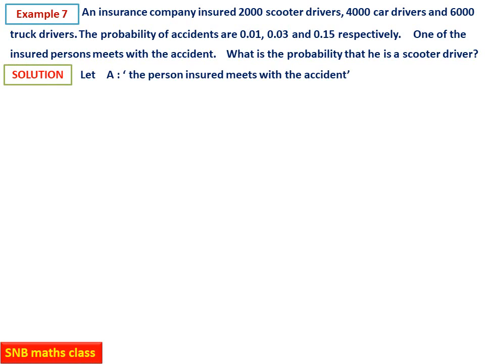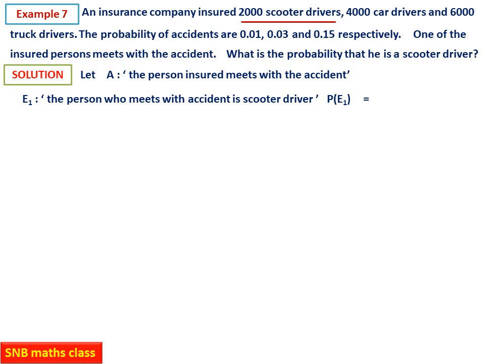So here also let A be the event the insured person meets with the accident. Now E1 is the person who meets with the accident is a scooter driver. Now here you see what is probability E1. So here we have to be careful. Look here, how many scooter drivers are insured? That is 2000. Total number of people insured, that is 2000, 4000 and 6000 together. Therefore it is 2000 by 12,000. So you can write it as 1 by 6.